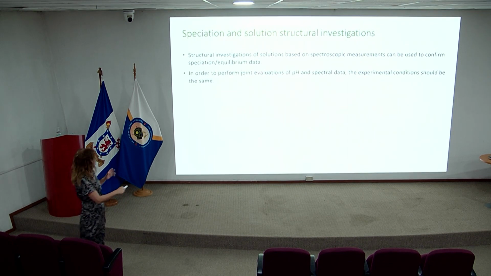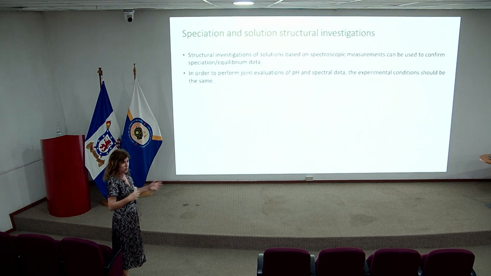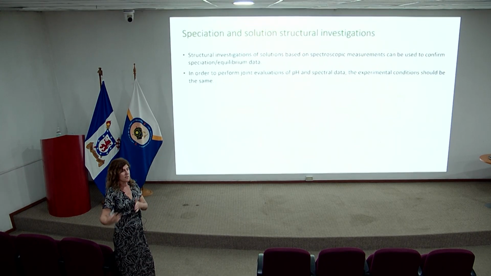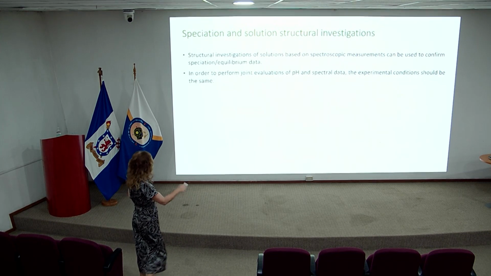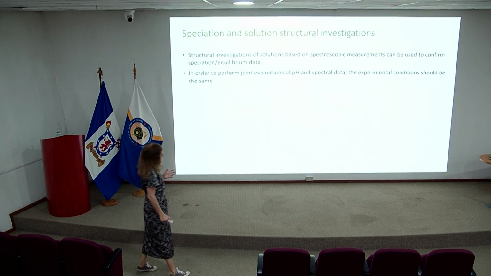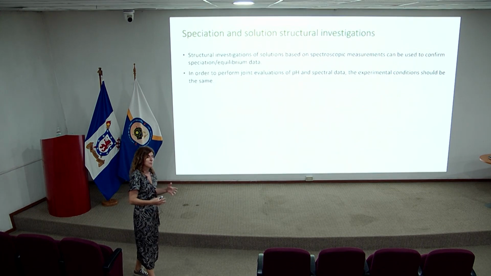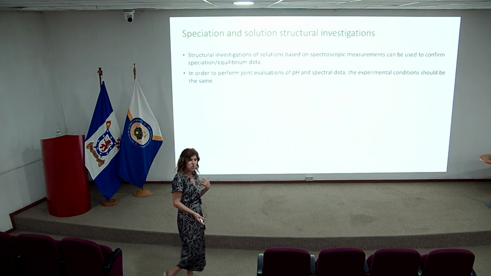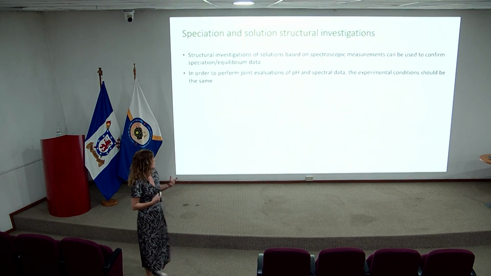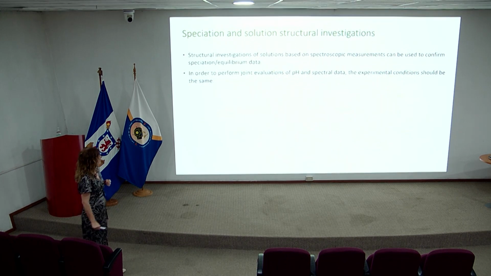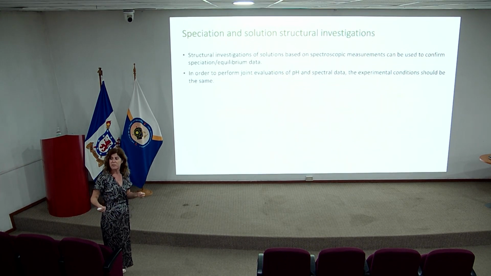Of course, if we want to perform a joint evaluation, we need to have similar conditions in the pH measurements and the spectral data. And this sometimes is not possible because for spectroscopy, sometimes we need low concentrations, like in UV visible, for instance, or fluorescence. And for pHmetry, we need millimolar concentrations.